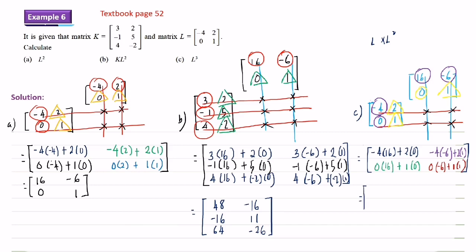So what is your answer? Negative 64, 26, 0, 1.